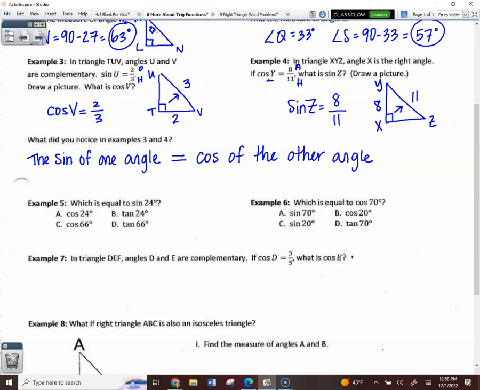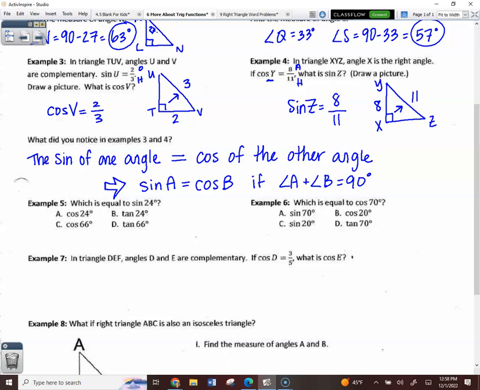Which means sine of angle A is equal to cosine of angle B if angle A plus angle B adds to 90. That's what it means.